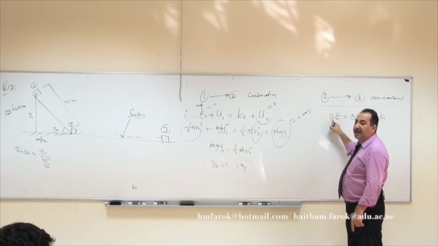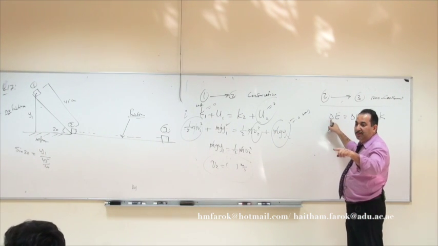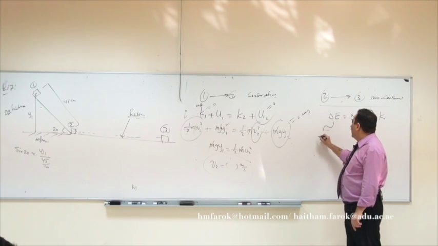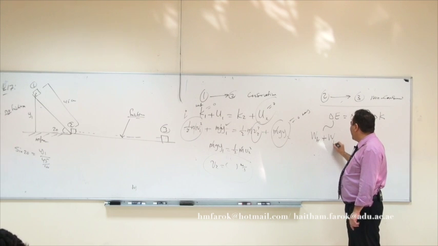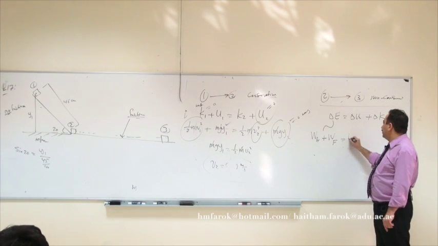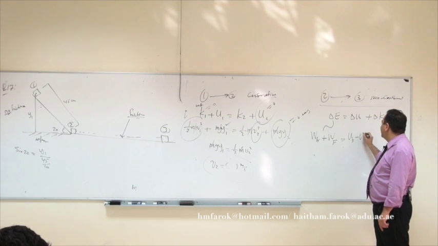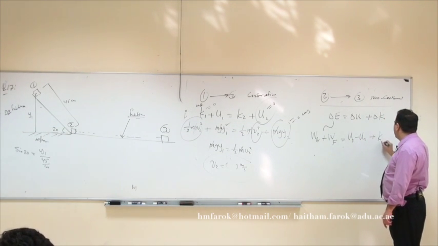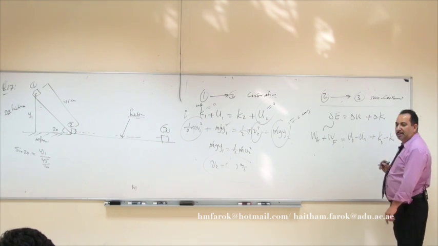How do you find delta E? Look on the formula sheet. In a non-conservative system, delta E equals work of friction force plus work of applied force. Delta U means U at 3 minus U at 2, plus kinetic 3 minus kinetic at 2.